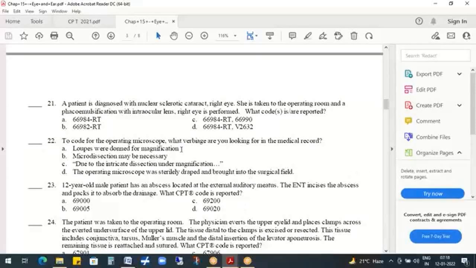Next question number. Now, the lens is also there, no, sir? Actually, question 21: a patient is diagnosed with cataract, she is taken to the operating room and a phacoemulsification with intraocular lens, right eye, is performed. That is all, sir, in for lens, right?